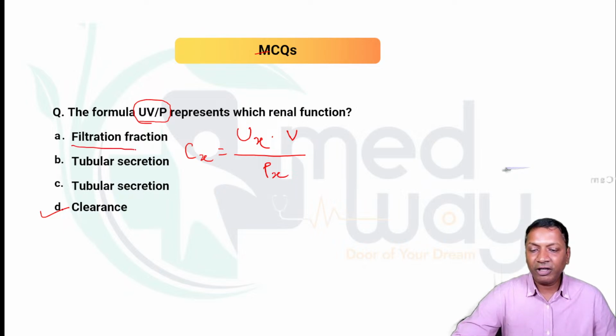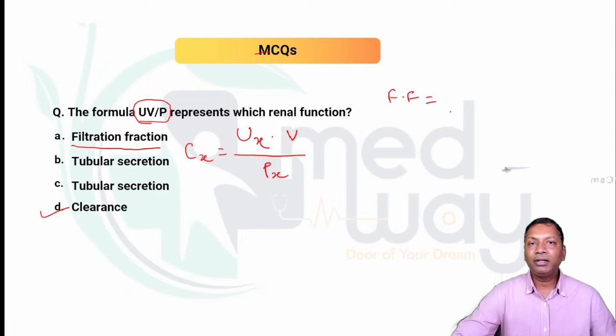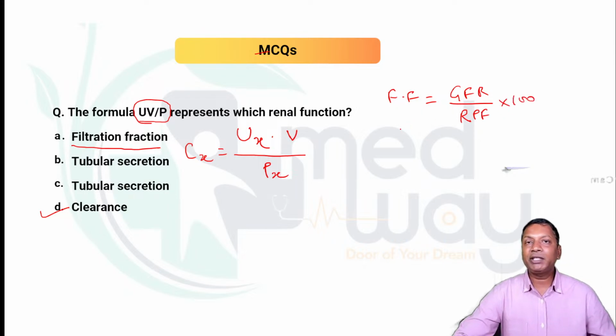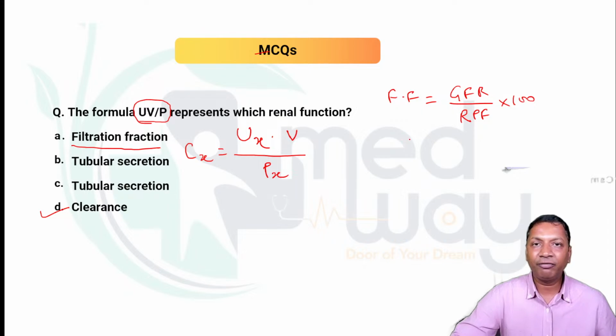Then what about the filtration fraction? The filtration fraction, FF, is the ratio of the GFR divided by the renal plasma flow, multiplied by 100. This is how we calculate the filtration fraction. So in this question, the correct answer is the renal clearance.